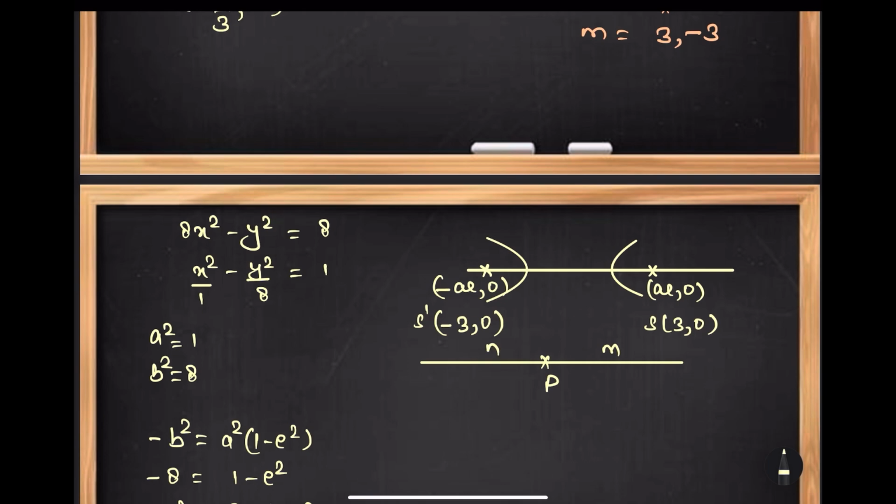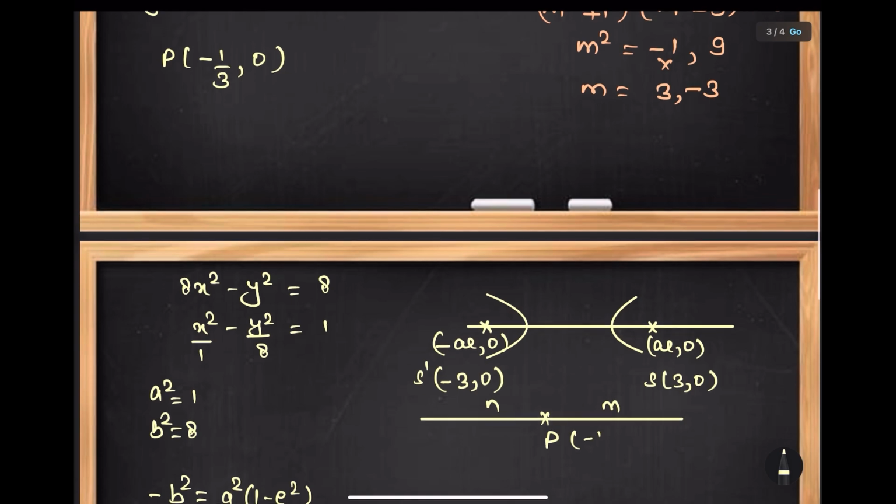We have to find the ratio m by n. Over there they want S dash, that's why I put m on this side and n on this side. Otherwise I would have put m on the other side. Now you know that point P is minus 1 by 3 comma 0.